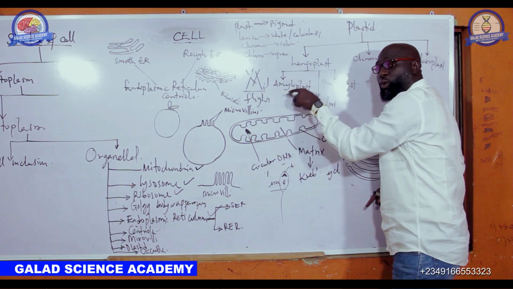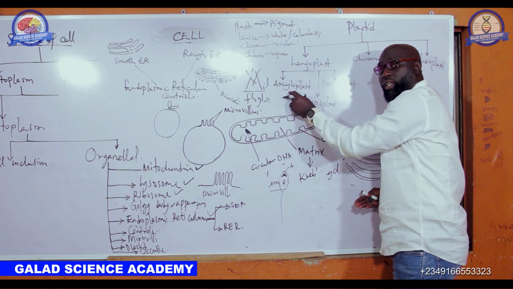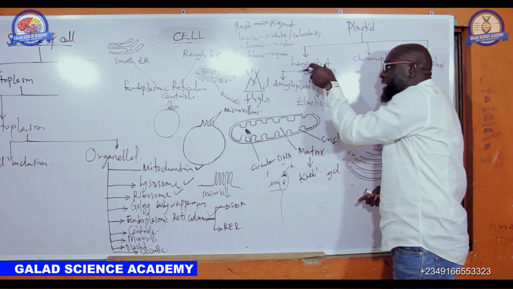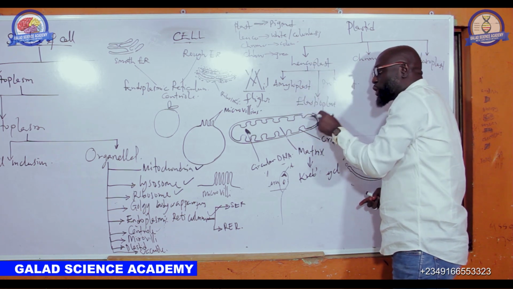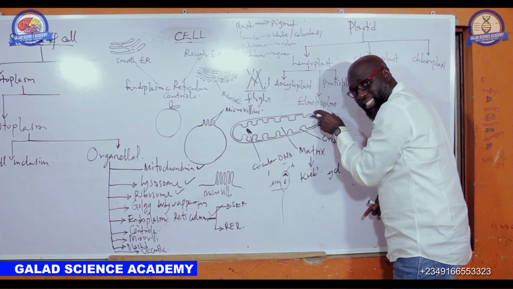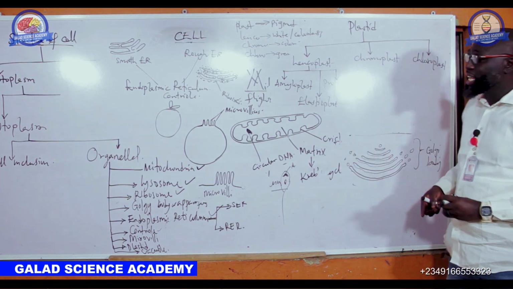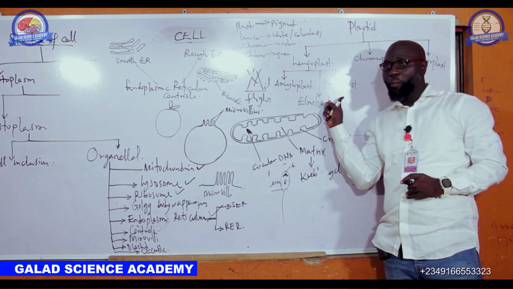The amyloplast, from the word amylase, is for the storage of starch. The part of leucoplast that is used for storage of lipid is called elaioplast. The part of leucoplast that is used for storage of protein is called proteoplast.